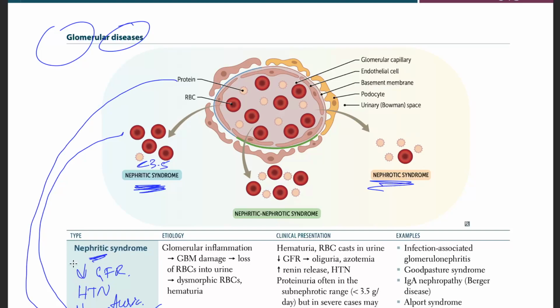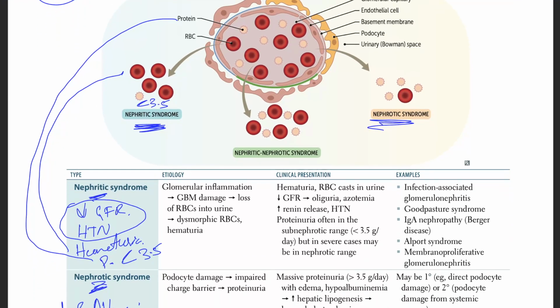And decrease in GFR and hypertension are other features of nephritic syndrome. As far as nephrotic goes, we have hematuria, but that's so less. Proteinuria is the hallmark here, greater than 3.5. The protein goes out, causes low albumin, causes edema.